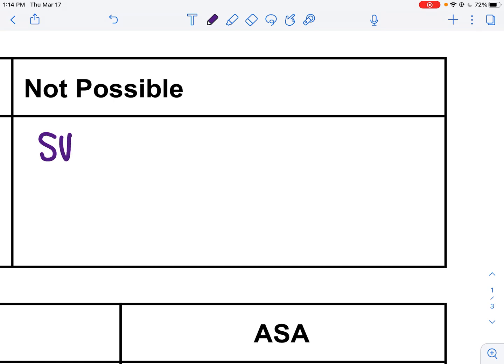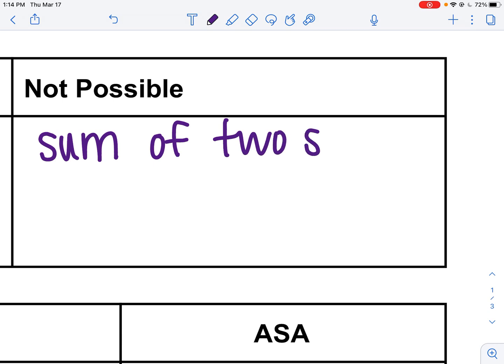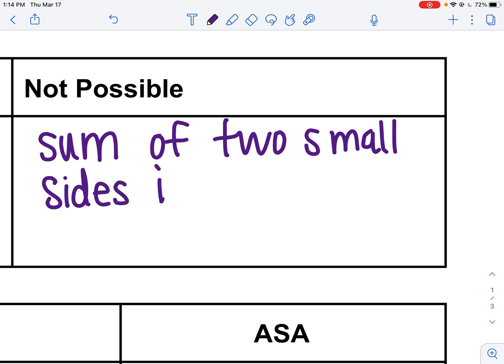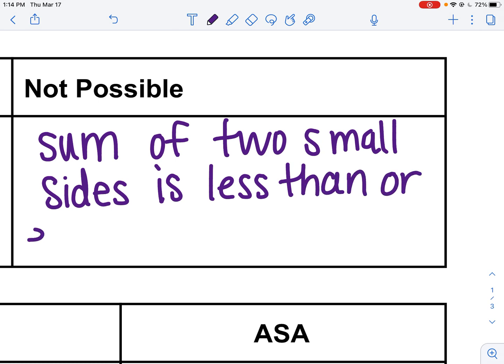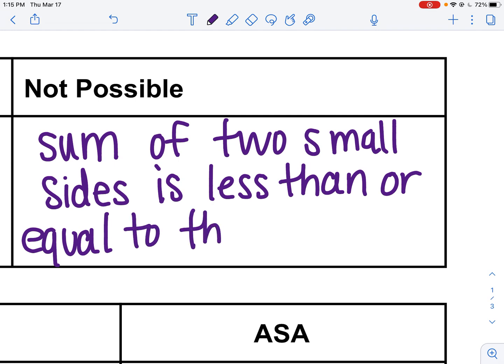So this is what you would label the triangle if that case wasn't true when you added those numbers together. So it is not possible to have a unique triangle if the sum of the 2 small sides is less than or equal to the third side.